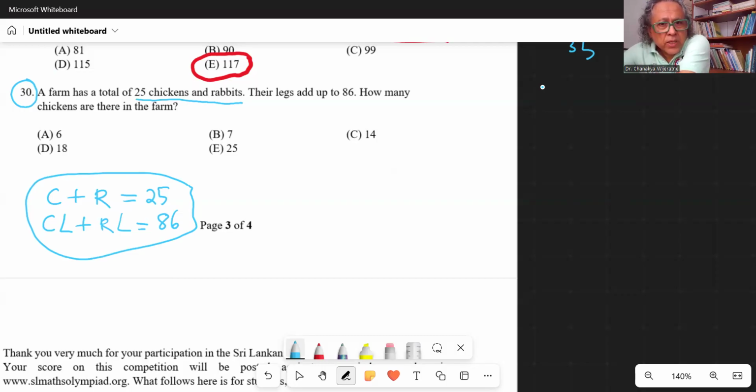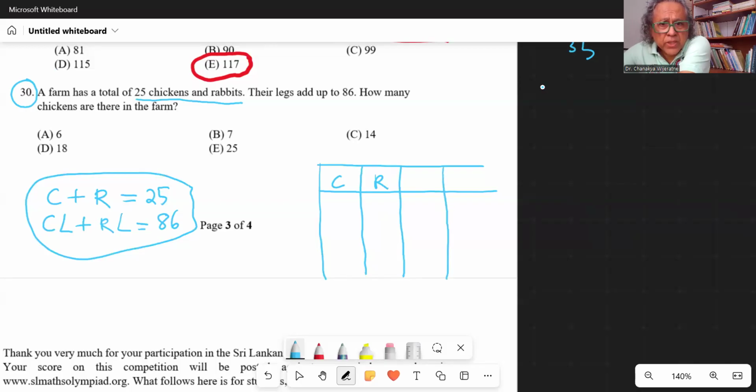We have chickens and rabbits. So let's make a table. One column for chickens, C, one column for rabbits, R, and one column for their total legs. The total has to be 86.